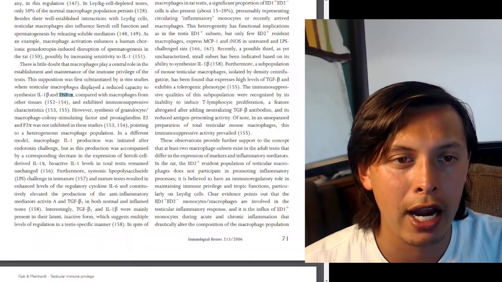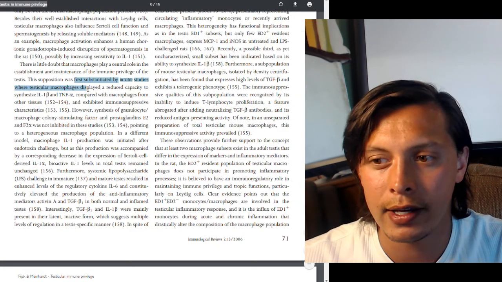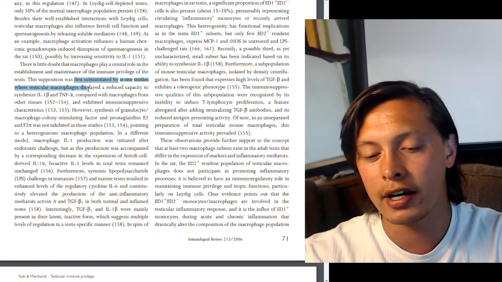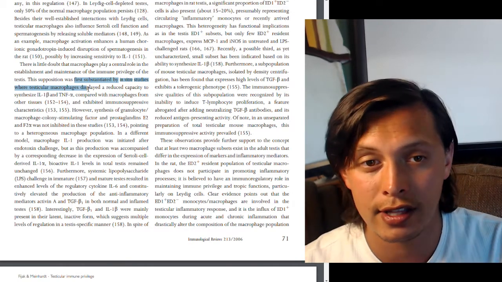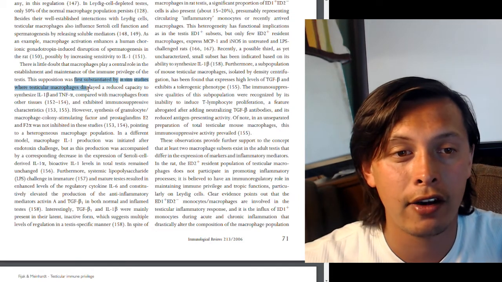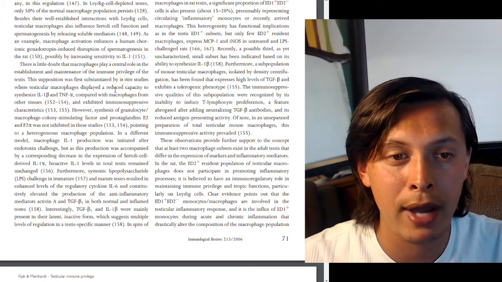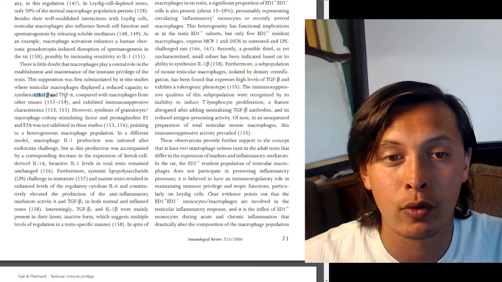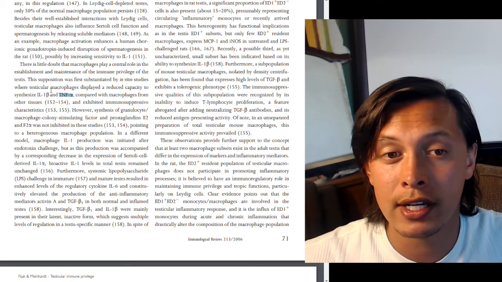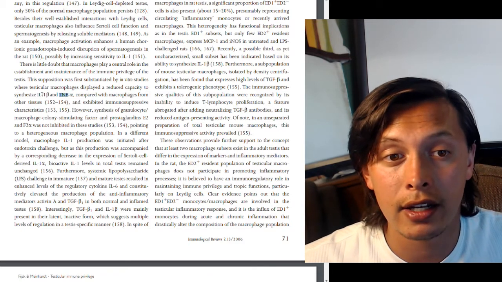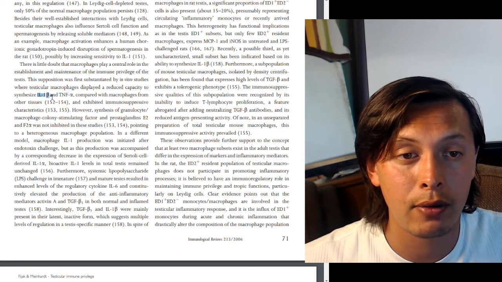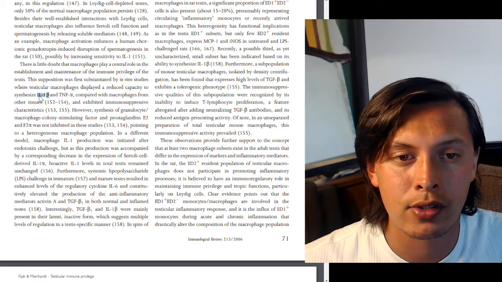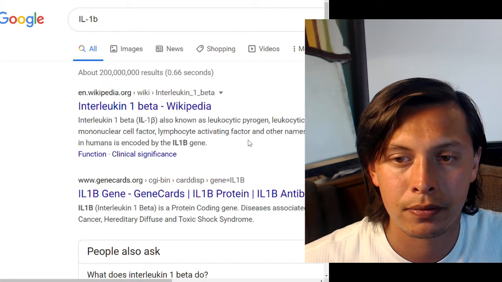So these macrophages that are induced to exist in the testes have a reduced capacity to synthesize interleukin-1 beta and this tumor necrosis factor alpha. I would assume this is also a pro-inflammatory cytokine, but I'll search it up just to make sure.